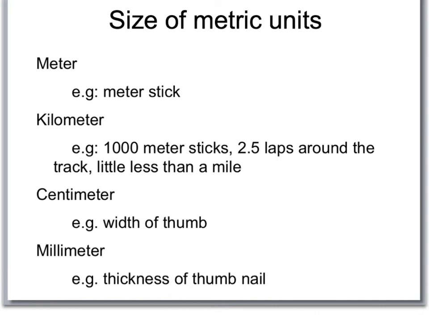The distance between, say, our school and the nearest Home Depot would be measured in kilometers. It would actually be a couple kilometers. The track that's at, I think, MLK Field, about 2.5 laps around it, is a kilometer. And note, a kilometer is indeed less than a mile. We should definitely talk about that more as the year goes on, exactly how the two relate, but a kilometer is less than a mile.